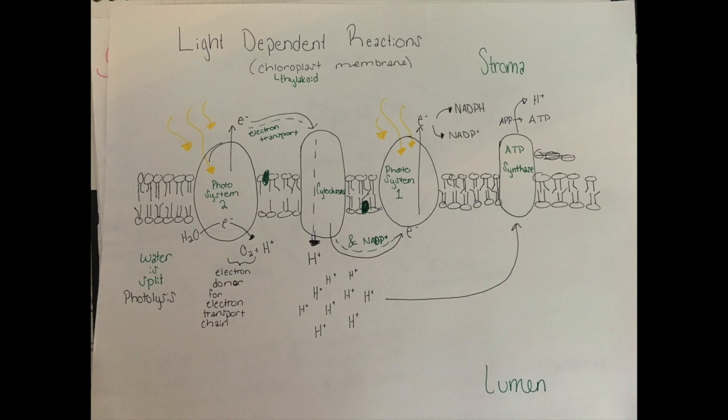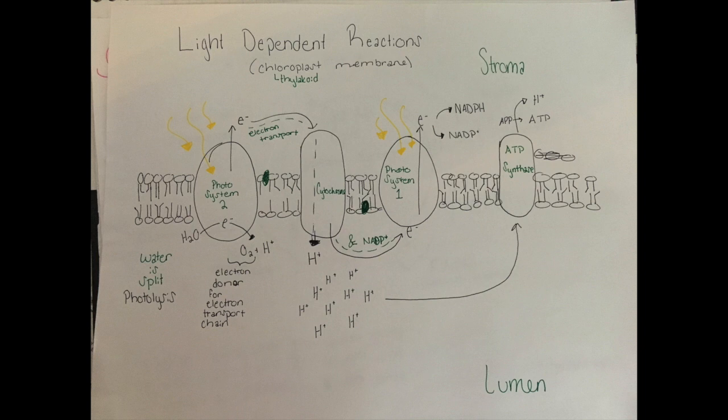Another photon of light goes into photosystem 1, and the electron is again excited and makes NADPH as a product, which is used later in the electron transport chain as an electron carrier.